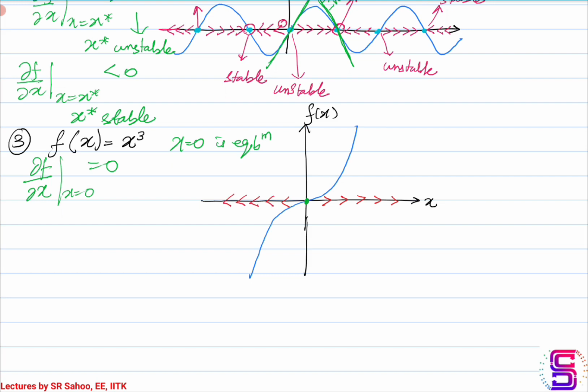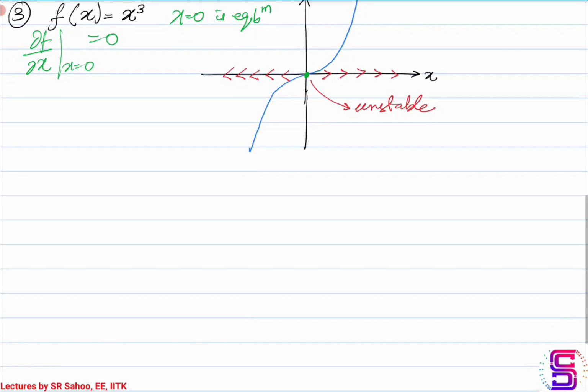Right. So essentially, it is indicating that this is an unstable equilibrium point. So possibly, if we have a zero slope, then it looks like the equilibrium point under consideration can be unstable. But before we draw any conclusion, let us look into another example.